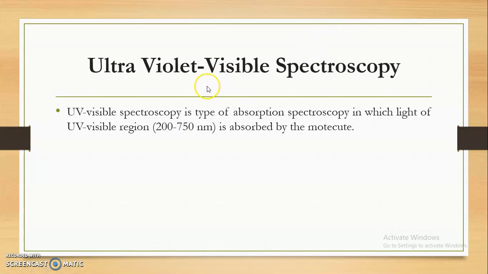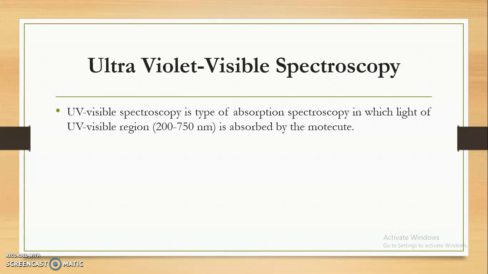There are two different types of radiations: one is ultraviolet radiation and the other is visible radiation. Our human eye can see different colors like red, green, blue, indigo. Why are we able to differentiate between these colors?